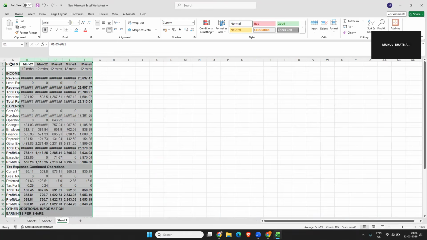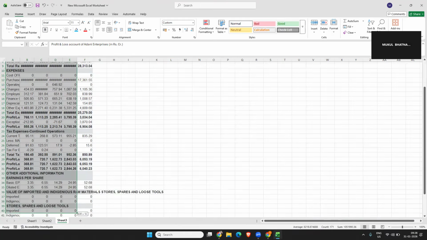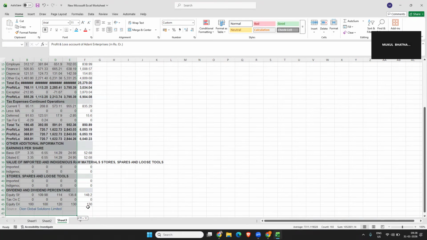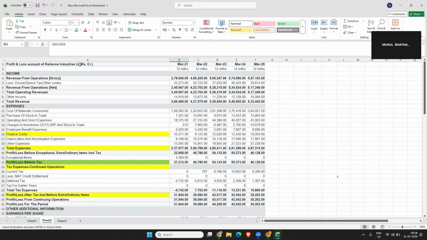And now I will copy and paste this profit and loss account in sheet number 2.